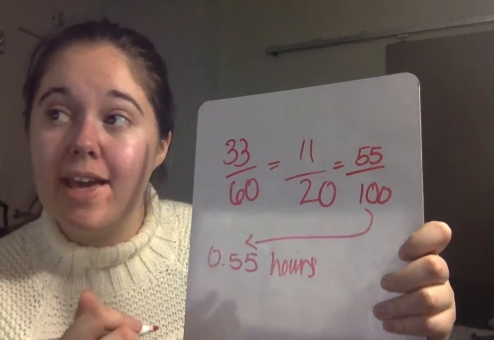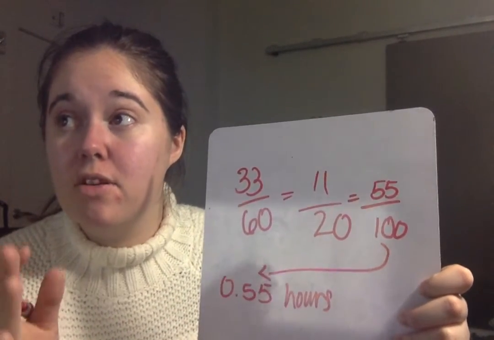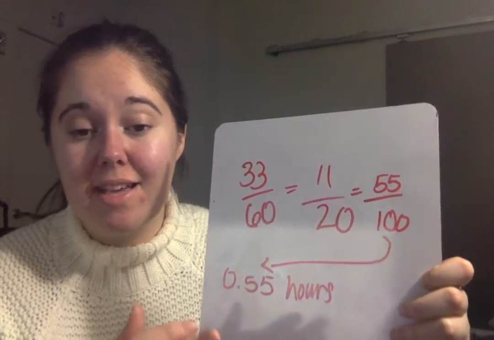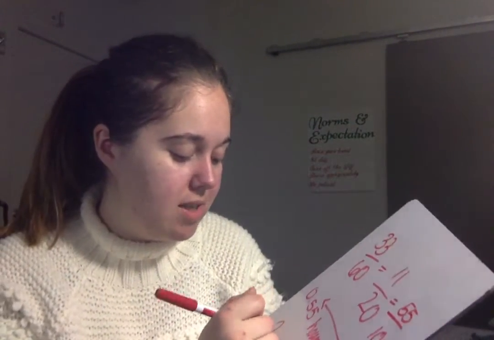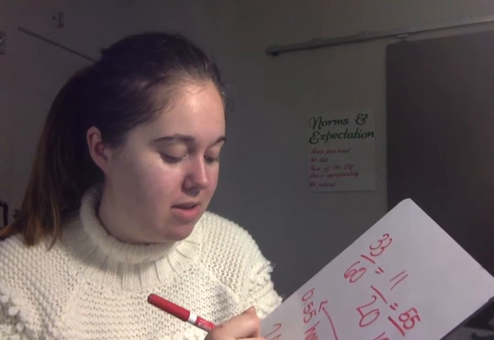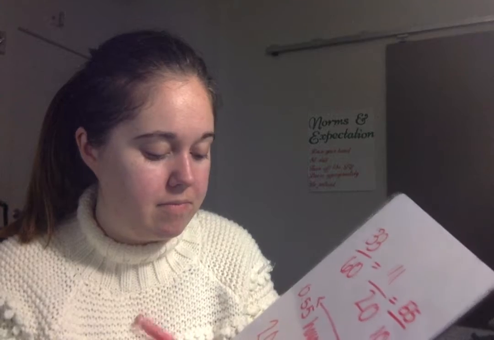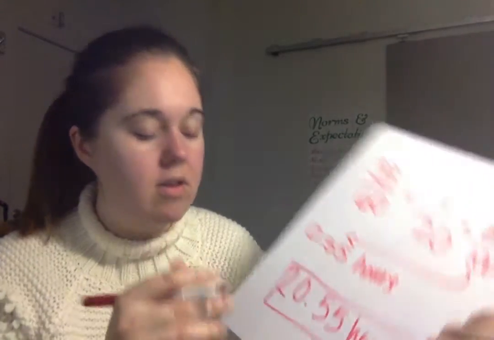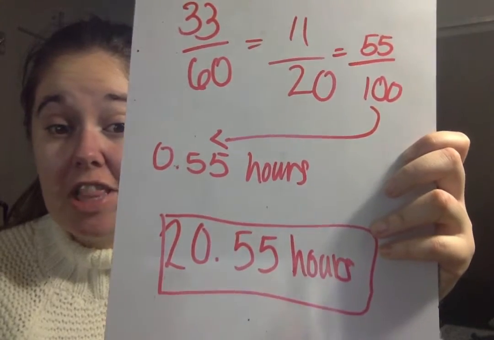So their prediction, if Sam finishes when he says he's going to finish, is that it's going to take them 20 hours, 0.55 hours. 20.55 hours. A little over 20 and a half hours of biking and running.